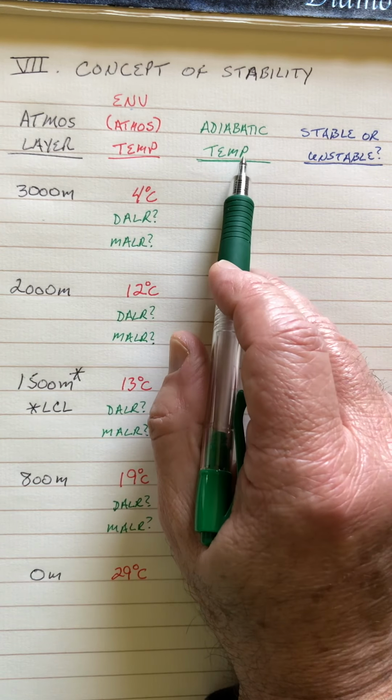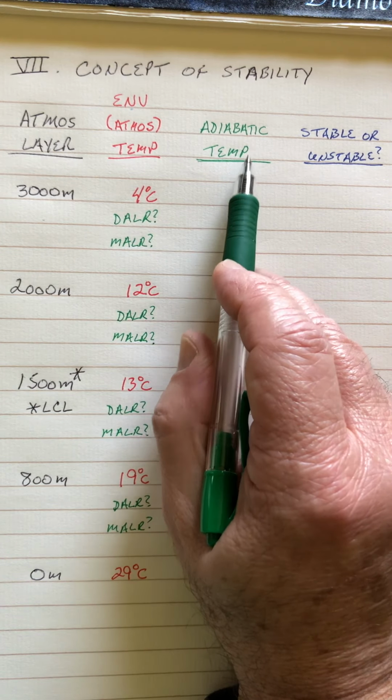Okay, and so the temperature inside the hot air balloon is the adiabatic temperature that we're going to calculate. It's the temperature of a parcel of air, and that parcel of air is analogous to a hot air balloon.